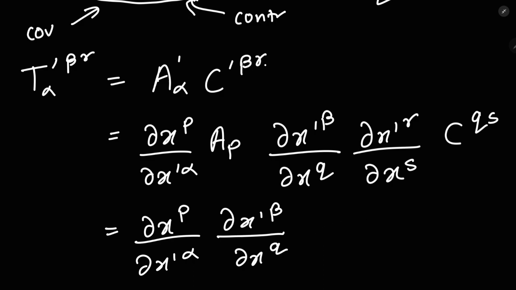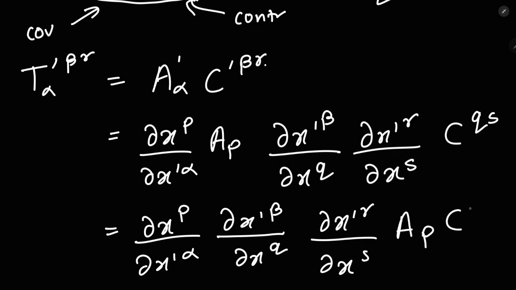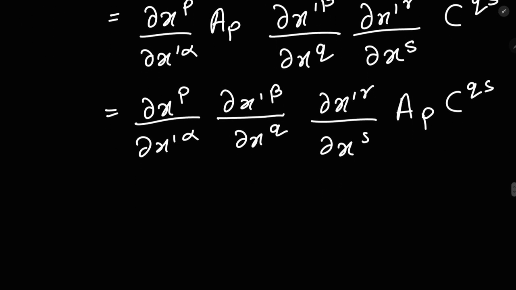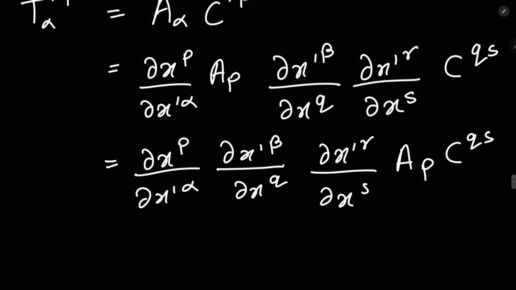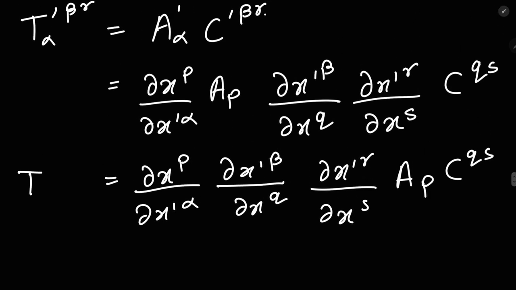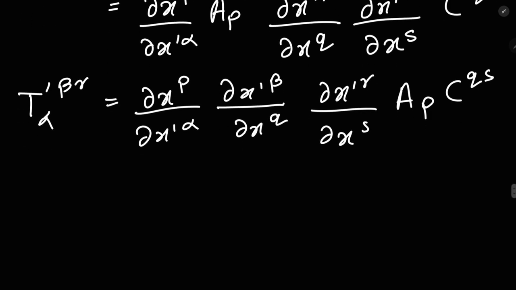So here I have del x prime gamma upon del x s, and A p, C q s. So this is what we have, and on the left hand side this was nothing but T prime beta gamma and alpha. Now this quantity over here is the same as T p q s by our definition.